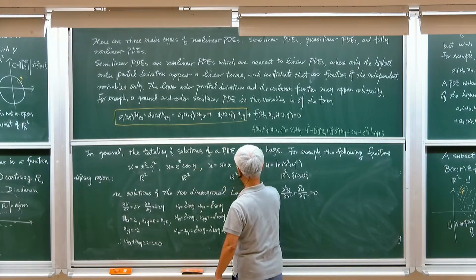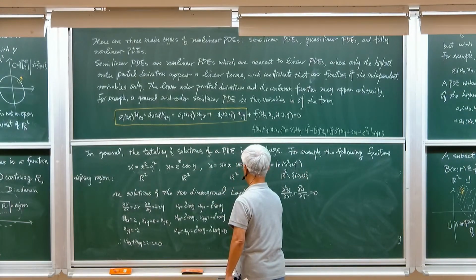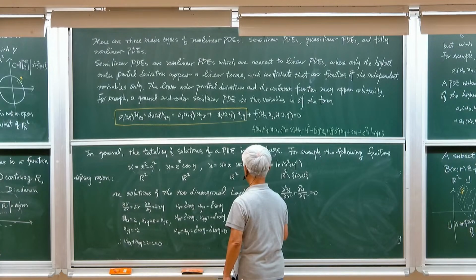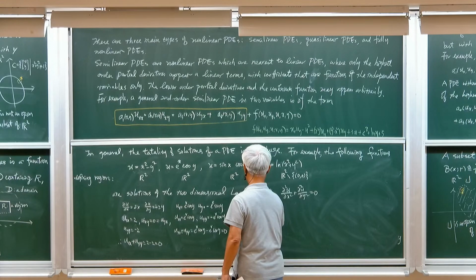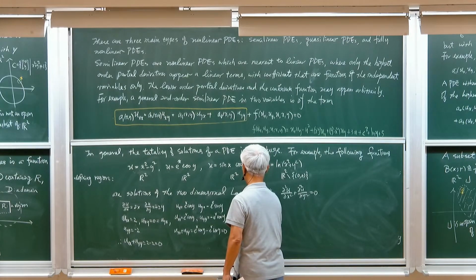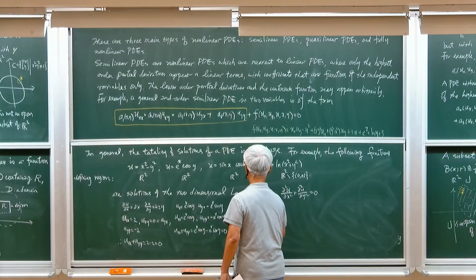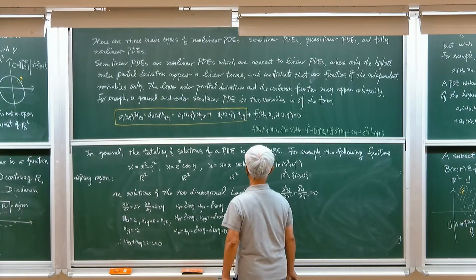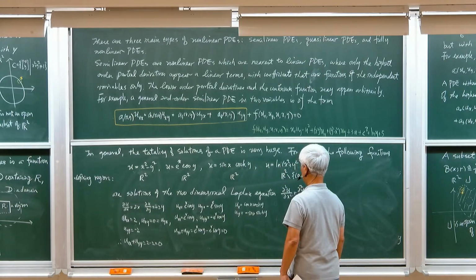So for this one, you take the cosine x and y here, and your y, then you have the minus sin x and sinh y.